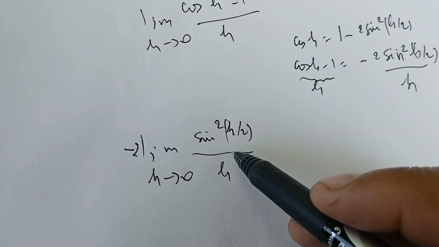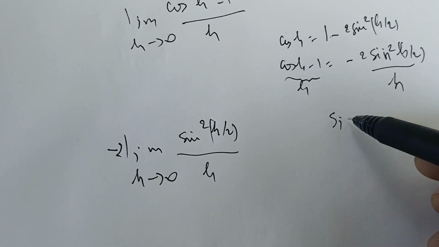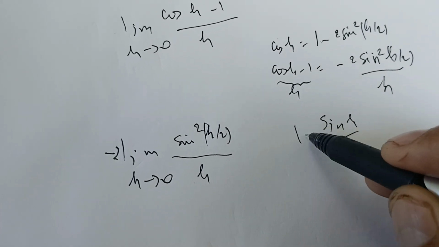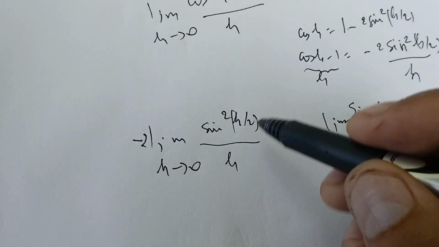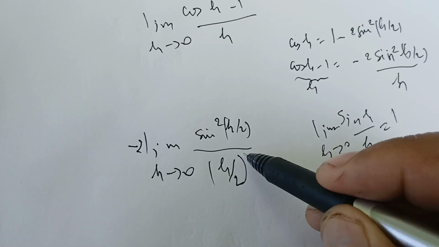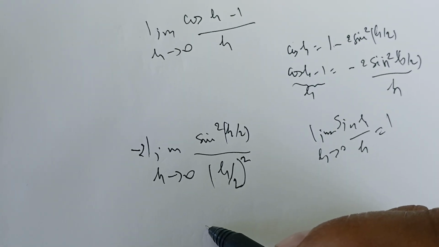To make it look like sine h over h, which goes to 1, we have to divide by h over 2 squared.